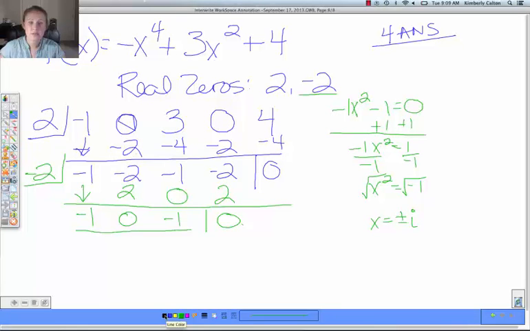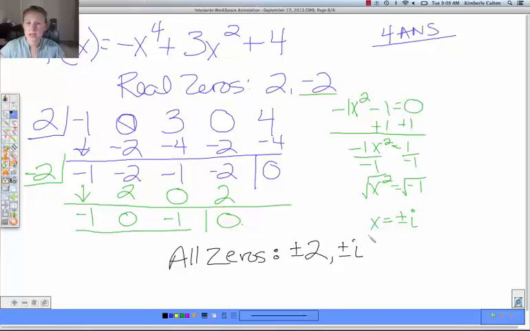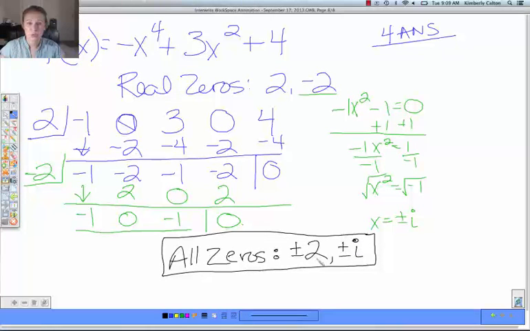So this tells me that all the zeros of the problem are plus or minus 2 for 2 and negative 2, and plus or minus i. That gives me a total of 4 answers, 2 imaginary answers and 2 real zeros.